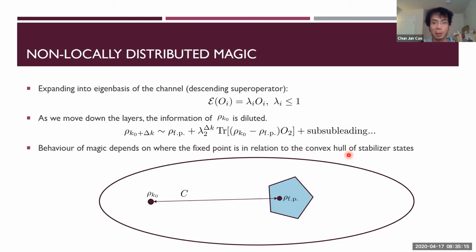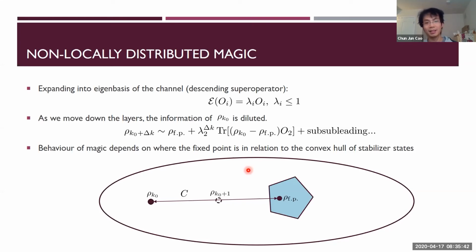And if you look at, for example, this is the coarse-grained red blob, right? This is the state that has some mana to start with, and this is probably the fixed point that you will eventually get to in state space. And the blue pentagon denotes the cone of stabilizer states, right? And let C be the distance between these two states.